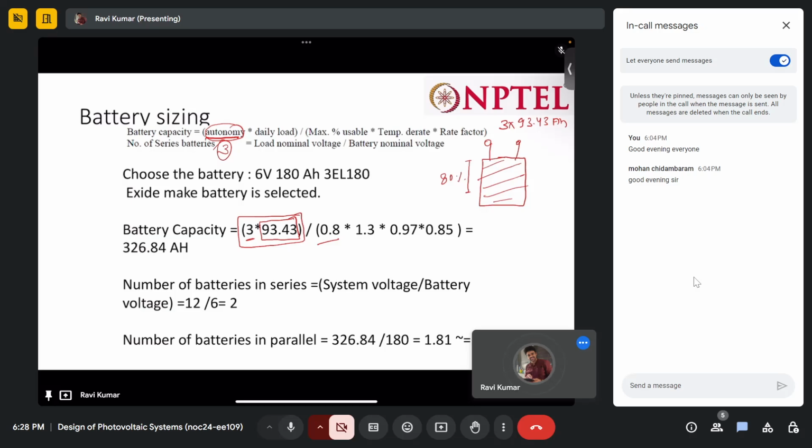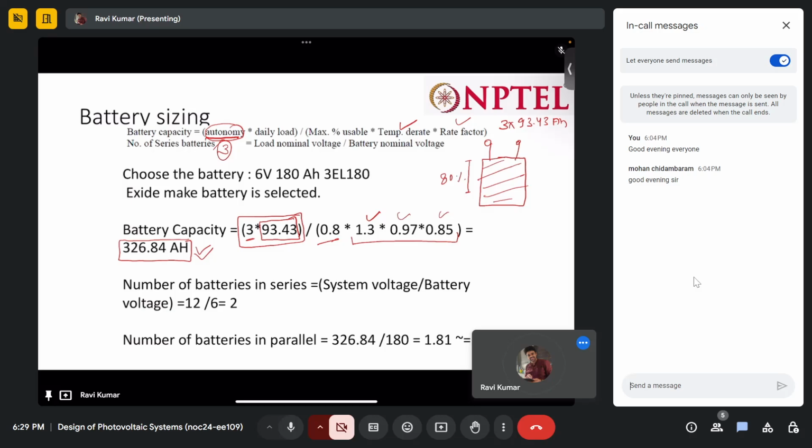These are values which are already given in many literatures, so you need to utilize these values as well: the rate factor, temperature deterioration, and maximum usable limit. If you do so, we get the total ampere hour requirement of a battery, that is 326.84 ampere hour. It means the total battery capacity which we require should be 326.84 ampere hour.